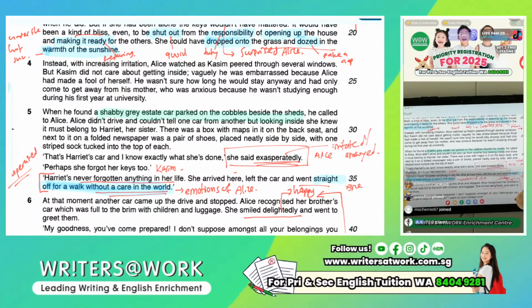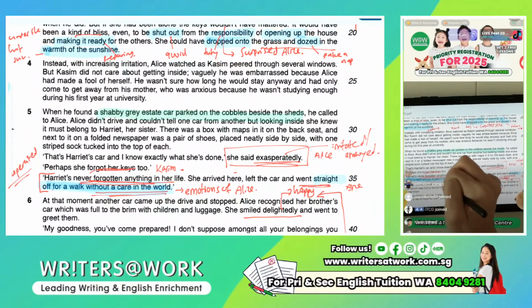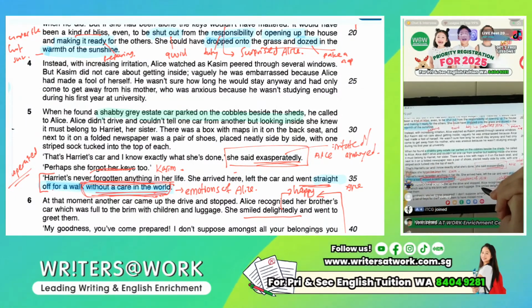And what is she annoyed about? So Cassie is trying to guess that she forgot her keys and Alice was just angry with Harriet. But no, Alice went on to say that Harriet never forgets anything in her life, which means that probably she's a very careful person. But she went straight for a walk without a care for the world. So the idea is the annoyance is here, without a care for the world.